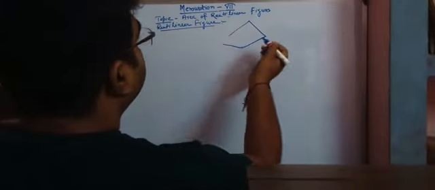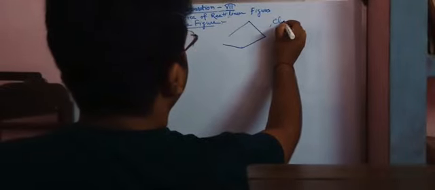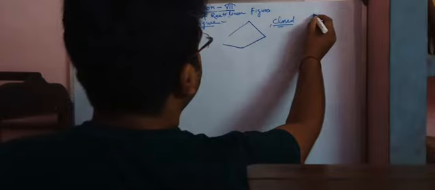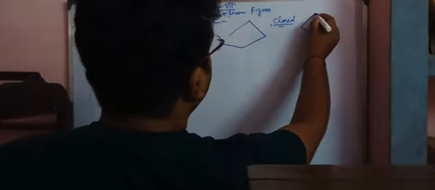Now, closed rectilinear figure: what is closed? All the sides should be joined, there will be no free space, and that is called a closed rectilinear figure.